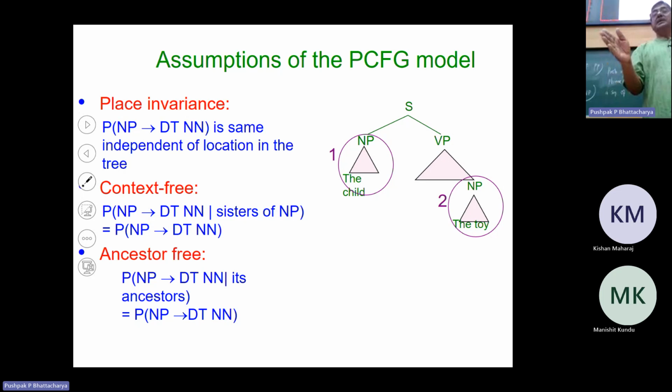Probability of NP going to DT NN given all its ancestors up to the root is equal to probability of NP going to DT NN. So whatever the ancestors, the probability of the rule is independent of the ancestors. This is called the ancestor freeness assumption. Quite intuitive and looks reasonable. Assumptions look reasonable. Your task is to find out what is the shape of these assumptions in POS tagging?